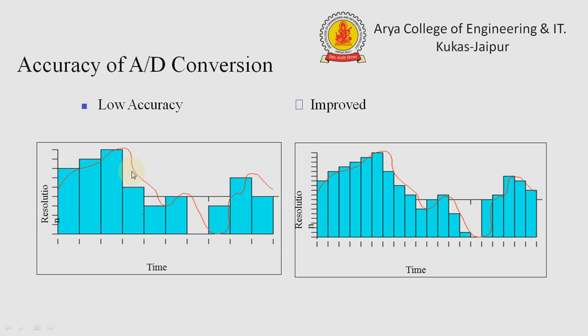We can see there is data in that case which is not measured by the sample and hold signal, so this is the noise for it. But here the resolution is increased and the sampling rate is increased, so it covers all the data and is accurate. So this shows the low accuracy and this shows the improved accuracy.